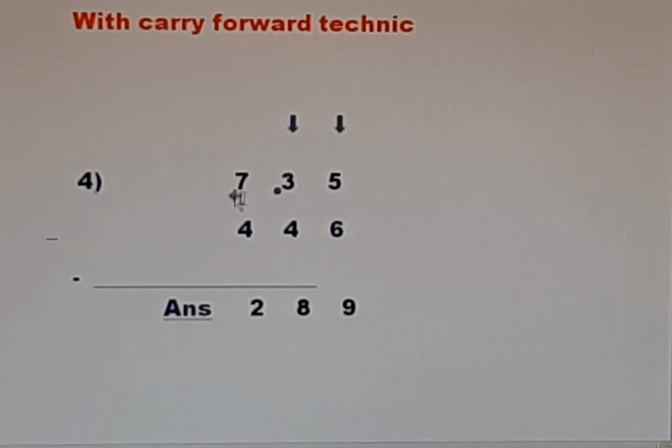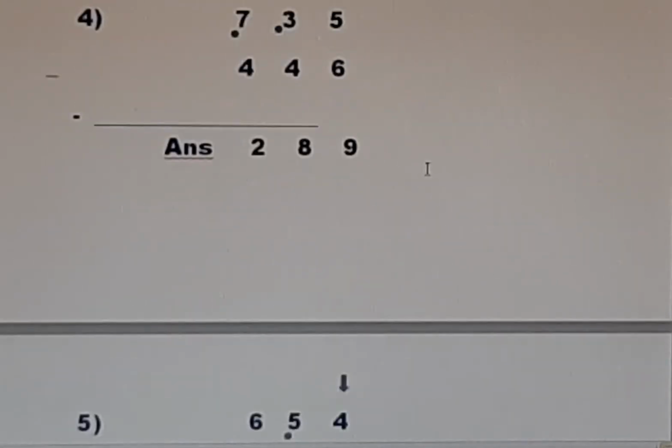Focus on the arrow. Arrow means you have to add 10. 15, you have added 10. 12. And the dot means you have borrowed from here, so your number will be one less. Instead of 3 you have to put 2, and instead of 7 you have to put 6.